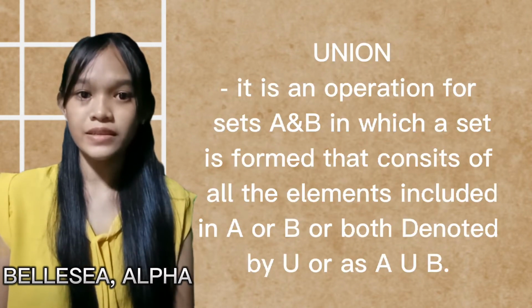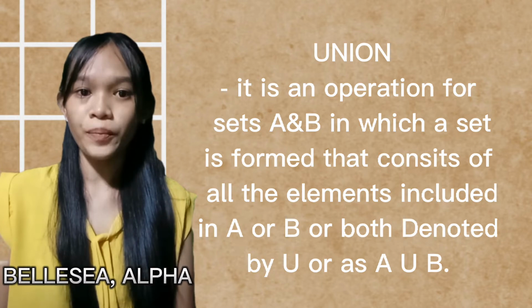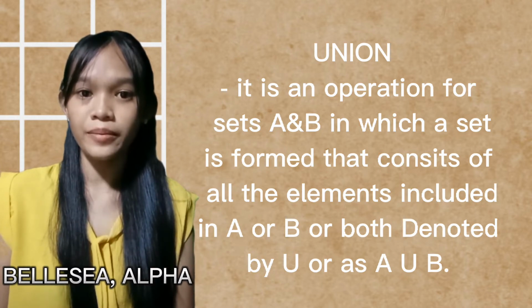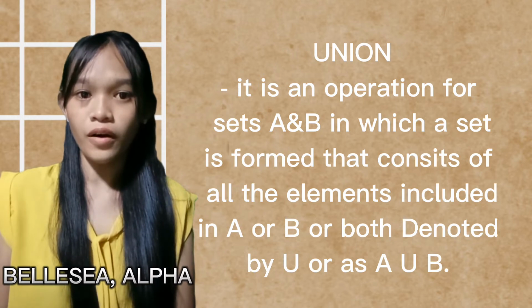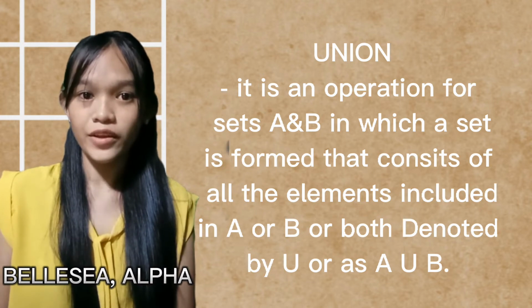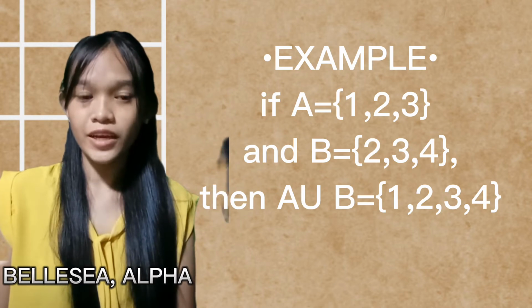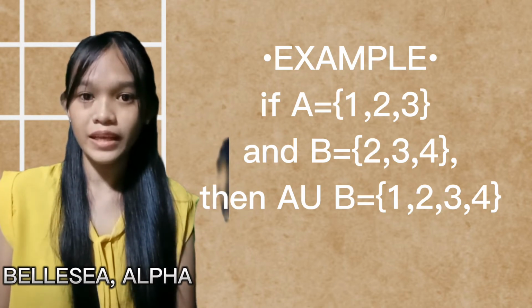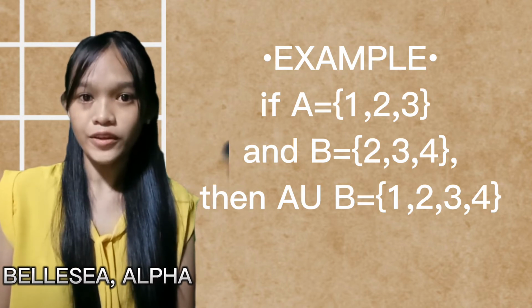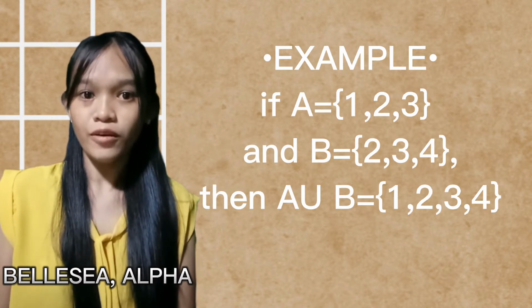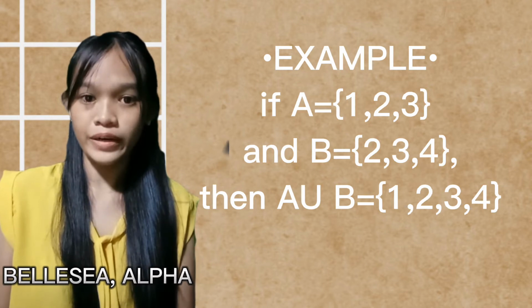First is union. It is an operation for sets A and B in which a set is formed that consists of all the elements included in A or B or both, denoted by ∪, or as A union B. For example, if set A equals {1, 2, 3} and set B equals {2, 3, 4}, then A union B equals {1, 2, 3, 4}.